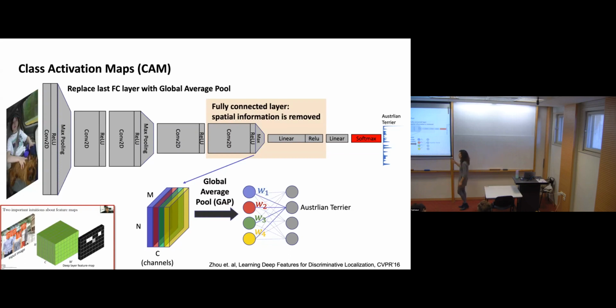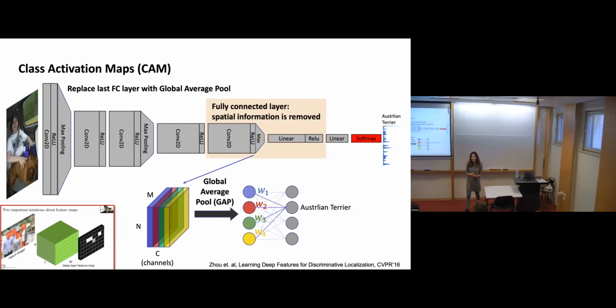For each channel, this one is sensitive to heads, to tails, to some other regions, so in the end you get a series of values that tells you how much this image was activated for each one of these patterns. And your final classification result will be given by a linear combination of these values.